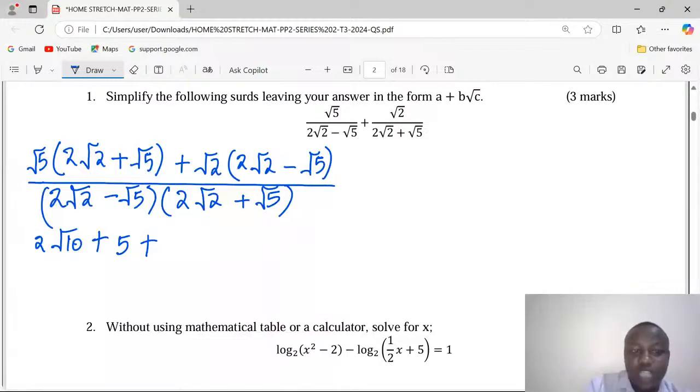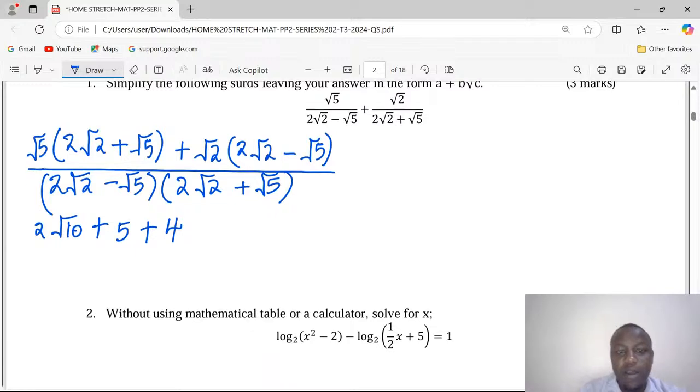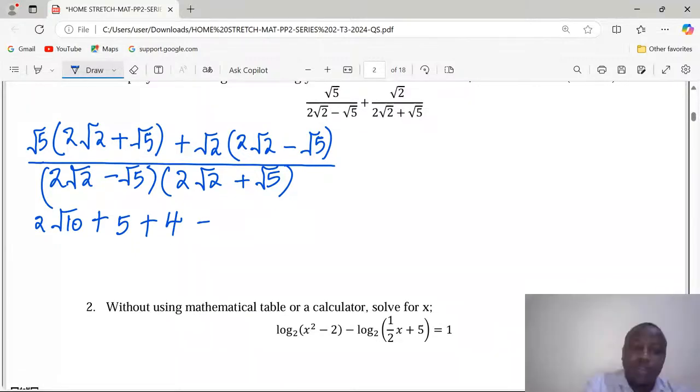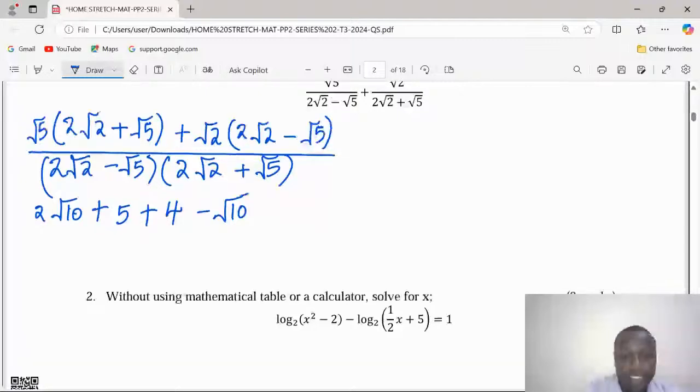Therefore, it will be 2 times 2, which is 4. Then minus 2 root 2 times root 5, that will be root 10 with a minus.